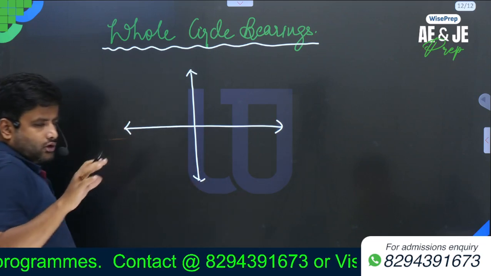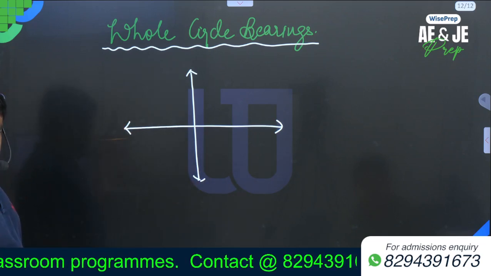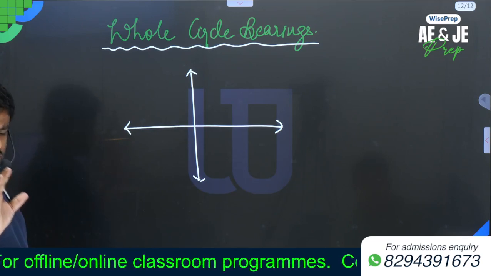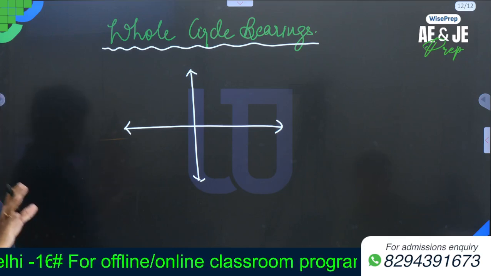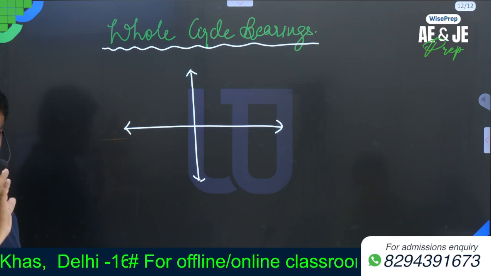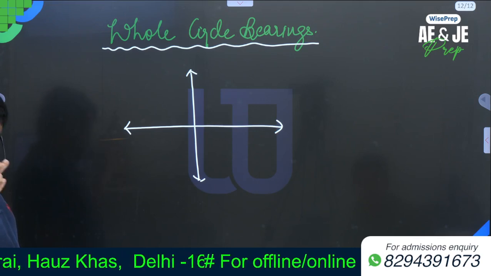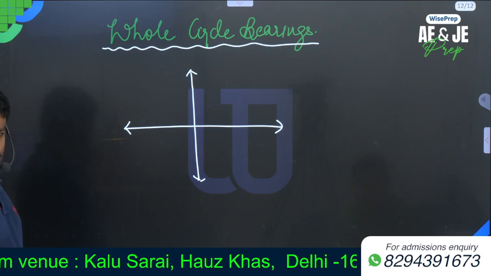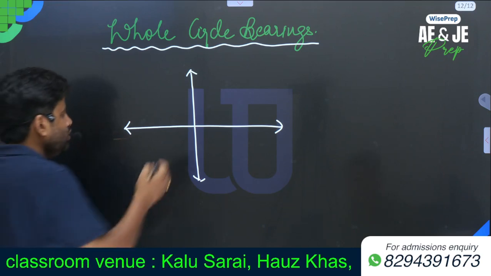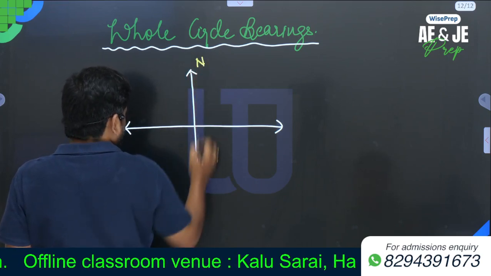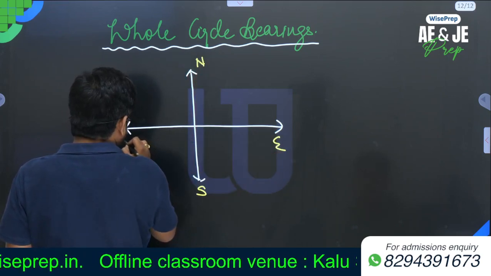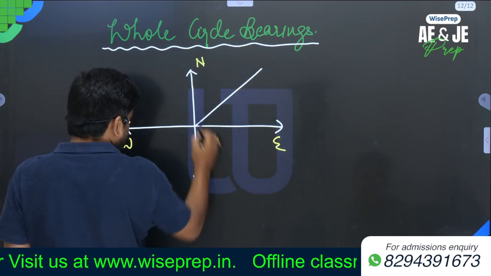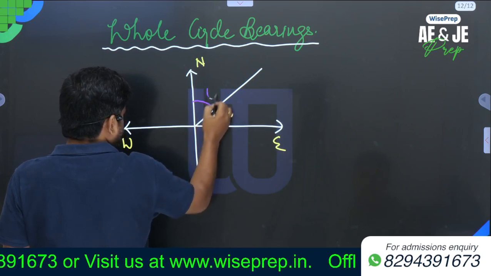In astronomical observations and governmental organizations, engineers prefer to measure it from south. In some books you might have found that it is measured from the south, but for the sake of convenience, for calculation purposes, we always consider it from the north in the clockwise direction. So this is north, south, east, west. This is the line, and this is theta 1.